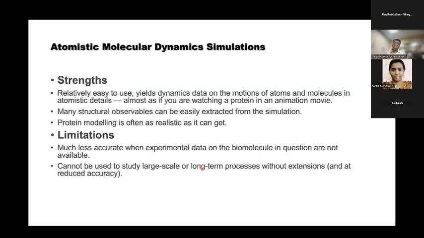Also, for a very large scale or very long-term process, like a protein behavior in terms of minutes or hours or days, that cannot be done. We can see at the level of nanoseconds, microseconds, or at the maximum millisecond. Not beyond that.